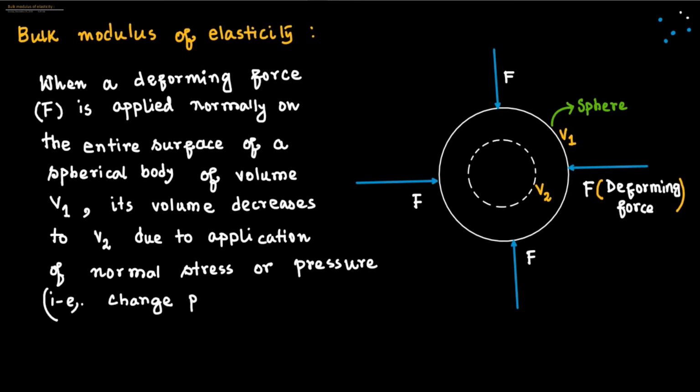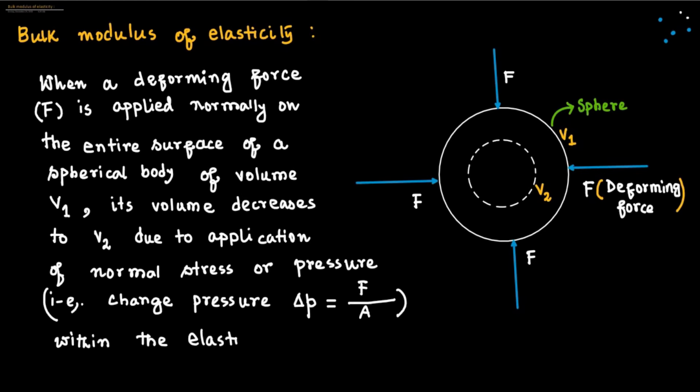Actually, in this case, the normal stress is equivalent to pressure, meaning change in pressure delta P, which is equal to the ratio of deforming force acting per unit area. That means delta P equals F by A within the elastic limit.